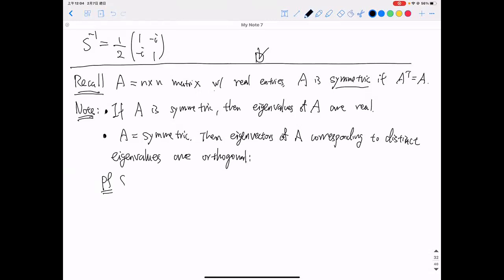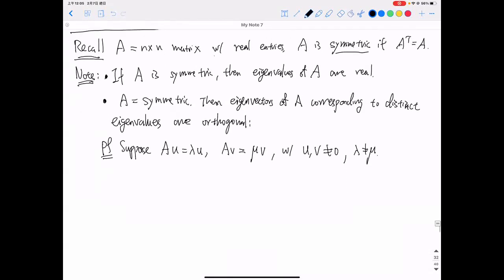So suppose we have two eigenvectors. Let's say AU is lambda U, AV is mu V, with U and V non-zero vectors, and lambda not equal to mu eigenvalues. Then here's what we're gonna do.